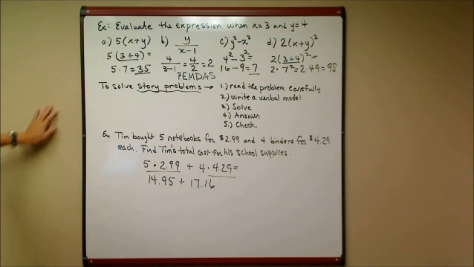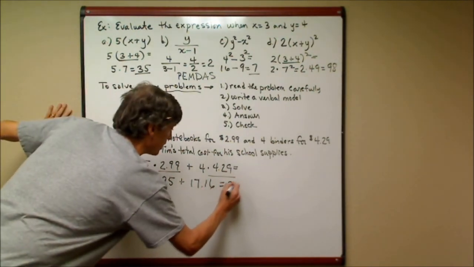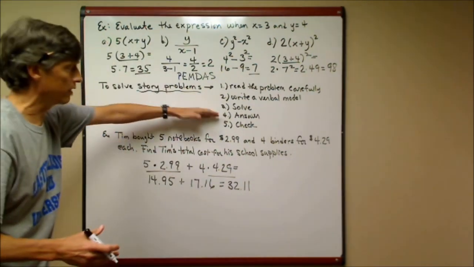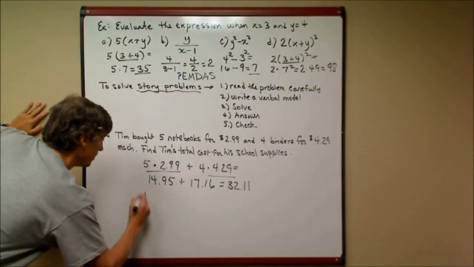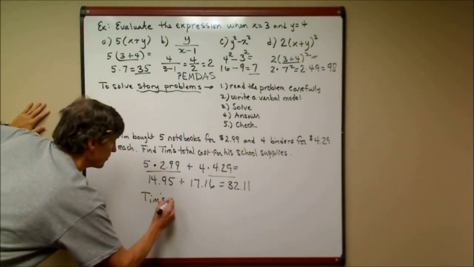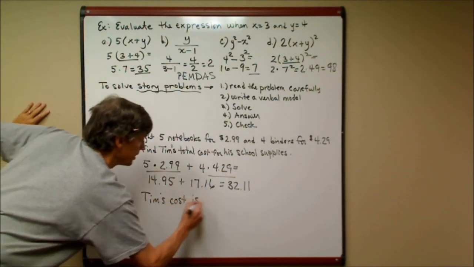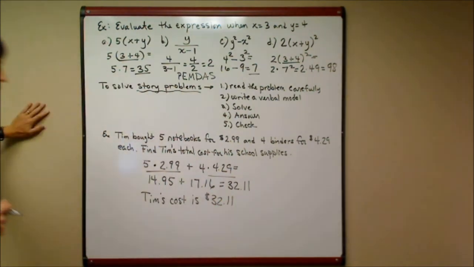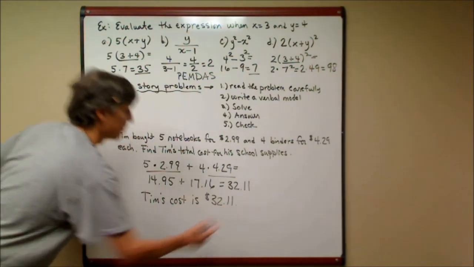Now I'm going to add those together, and I get, if I'm not mistaken, 32.11. So I'm going to answer the problem. Tim's cost is, and I'm going to put the dollar sign down, $32.11. Of course, that doesn't include tax, but that answers the problem.